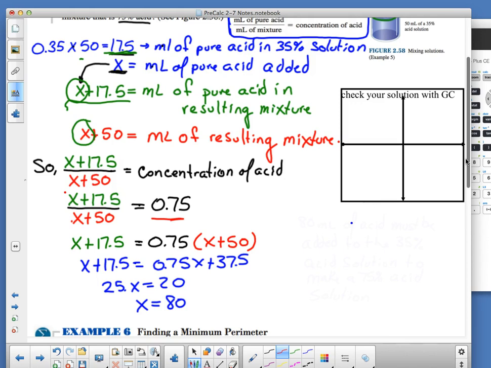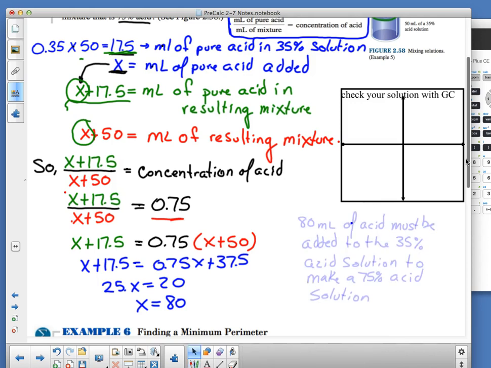So now, it's a word problem, word answer. 80 milliliters of acid must be added to the 35% acid solution to make a 75% acid solution. Okay, and I've got some people asking, why would you do X? I'm just trying to explain what I'm doing with the problem. I'm trying to be clear about what X is.